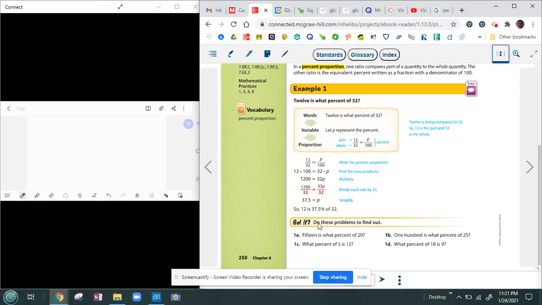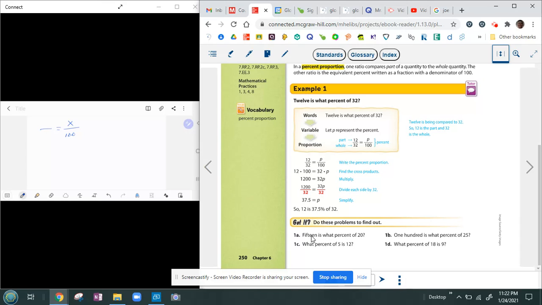I'm going to do these examples really quickly. I see 15 is what percent of 20? So I know that I'm going to set up my proportion with 100 in the denominator. And what's my part and what's my whole? I always like to fill in my unknown first, and it's pretty obvious. It says what percent, so I'm looking for the percent here.